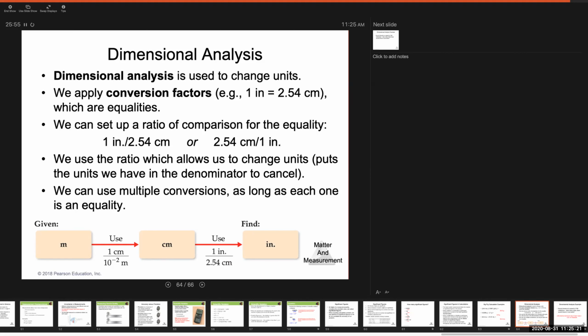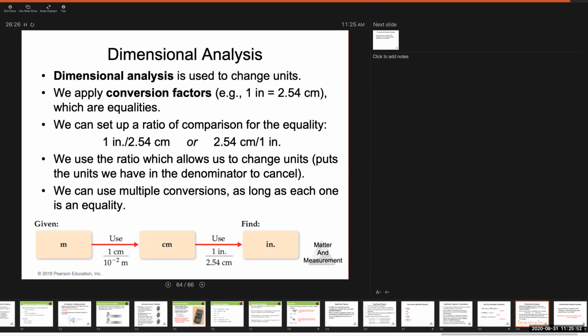And so here's an example down at the bottom where they do a couple of conversions, and they want to go from meters to inches. The first step was to go from meters to centimeters. And we see there the conversion factor is 1 centimeter is 10 to the minus 2 meters. If you look at that, you have a meter on the left, there's a meter in the denominator, those meter units cancel, so now whatever that number turns out to be would be in centimeters.